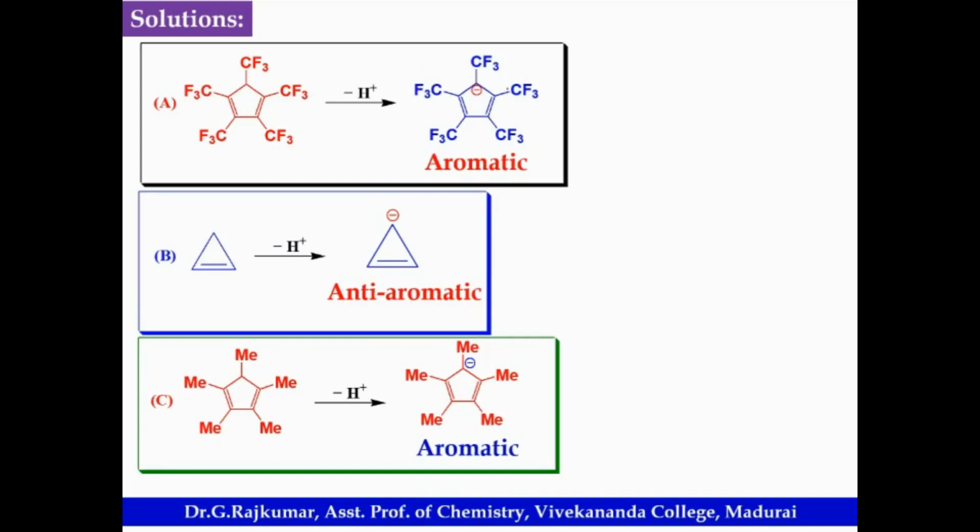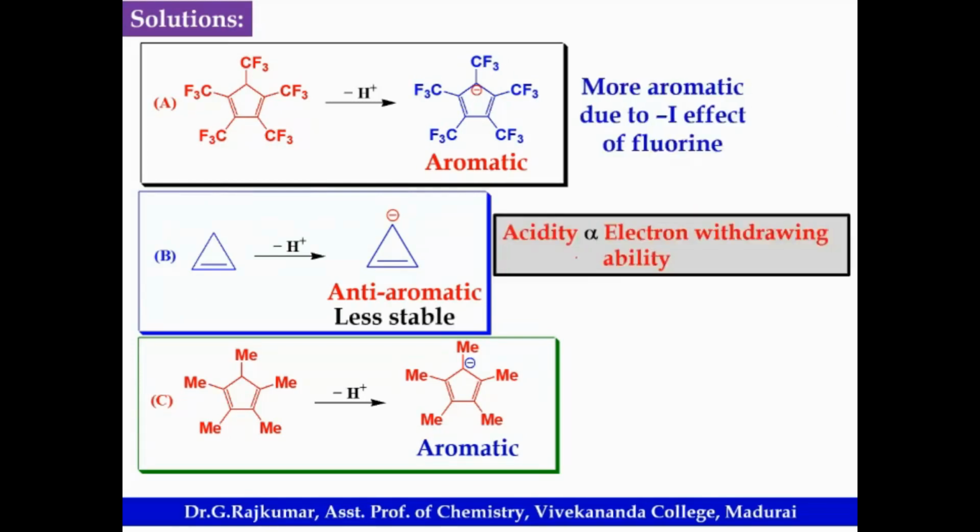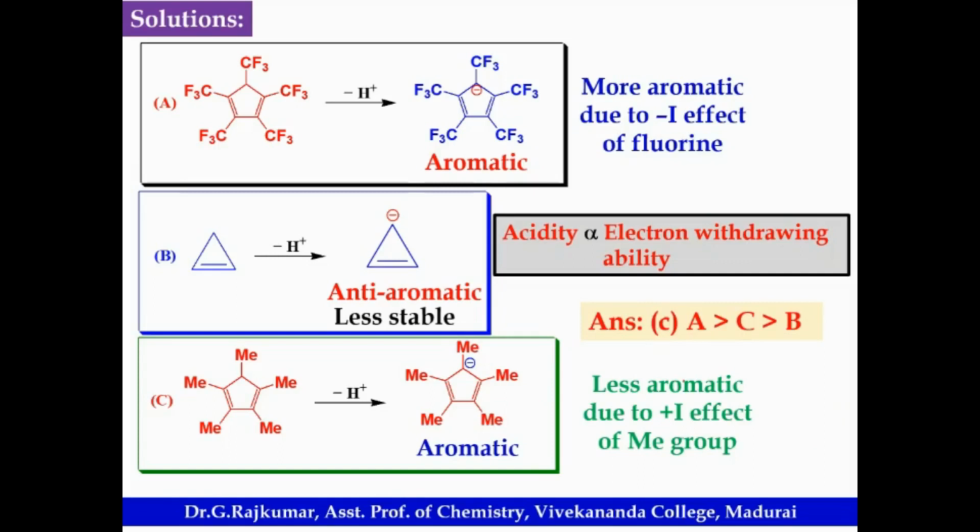Electron withdrawing group or minus I effect favors the delocalization. This is more aromatic due to the negative inductive effect of a fluorine atom, minus I effect, and this is less aromatic due to plus I effect, an electron donating nature. So the correct answer is option C.